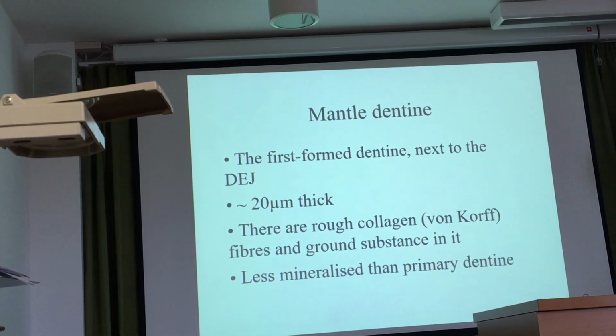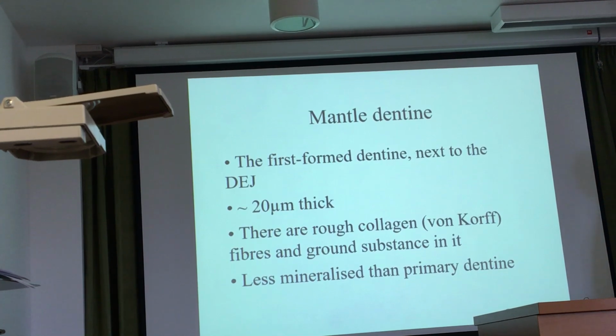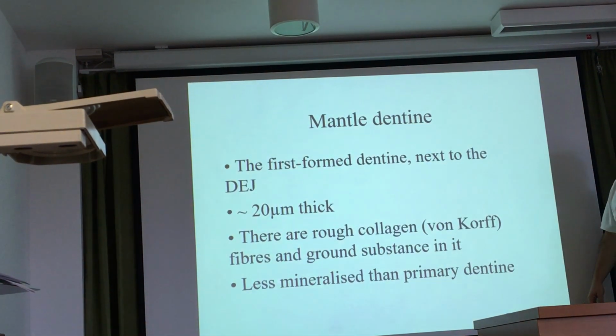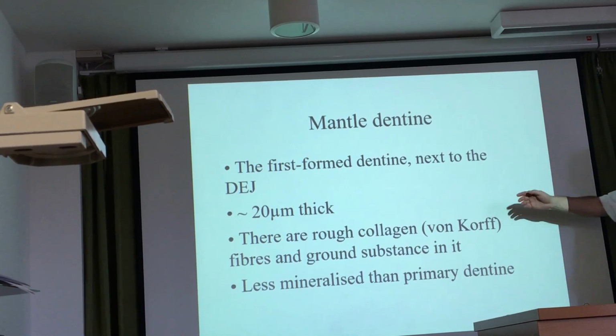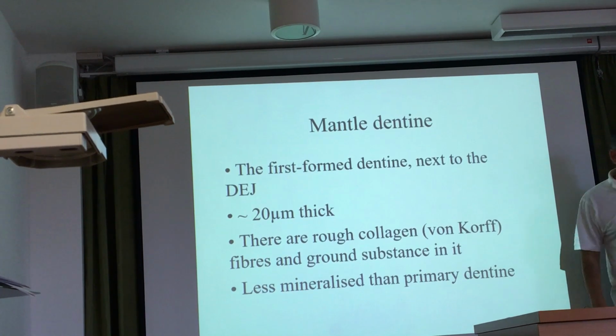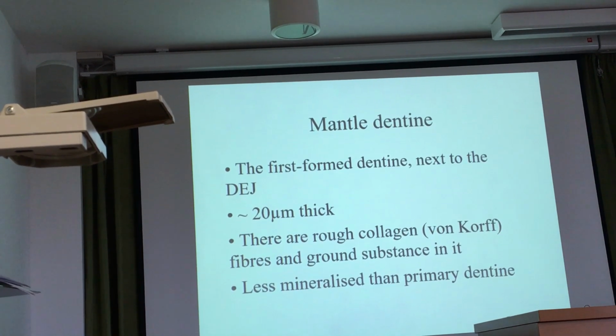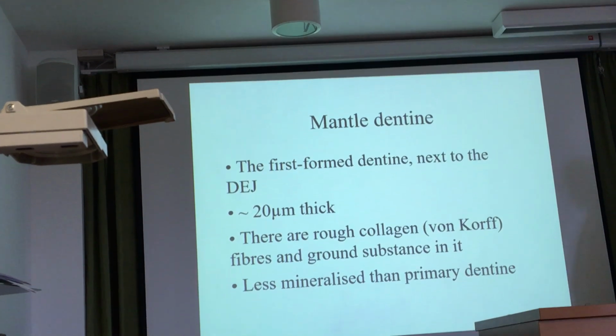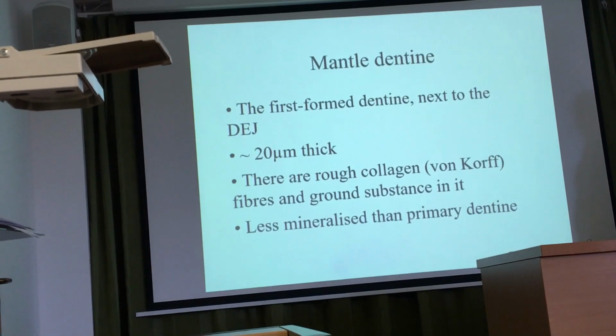And about the mantle dentin, you can see here, as I mentioned, near the dentinoenamel junction, it is some micrometers, and this is a very important component from Korff fibers in it. And of course, it is an amorphous structure without tubular structure.